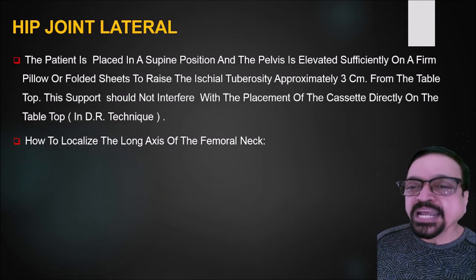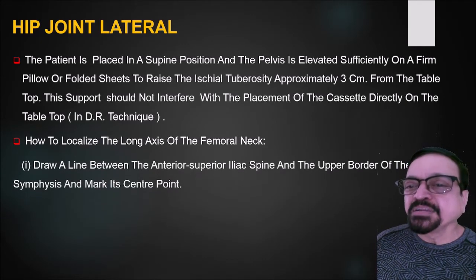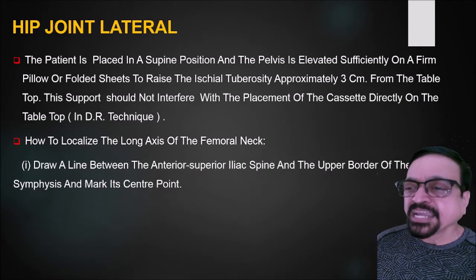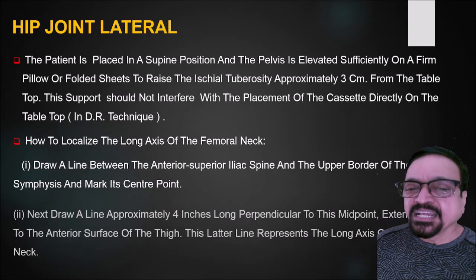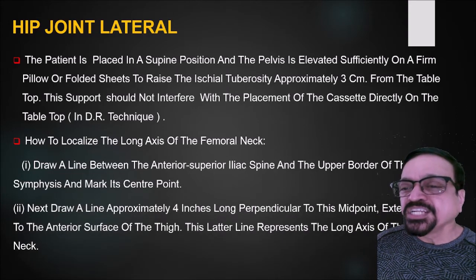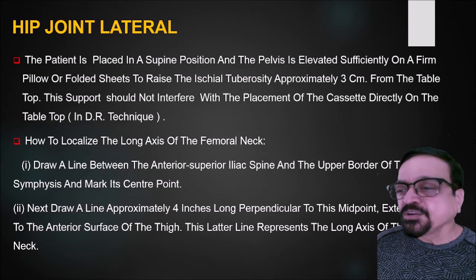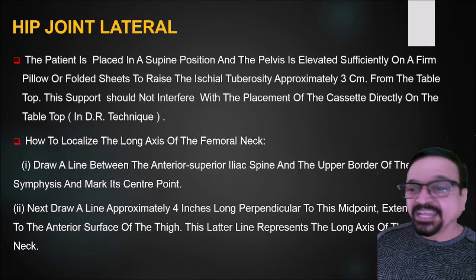Now how to localize the long axis of the femoral neck: draw a line between the anterior superior iliac spine and the upper border of the pubic symphysis and mark the midpoint. Next, draw a line approximately 4 inches long perpendicular to the midpoint extending down to the anterior surface of the thigh.